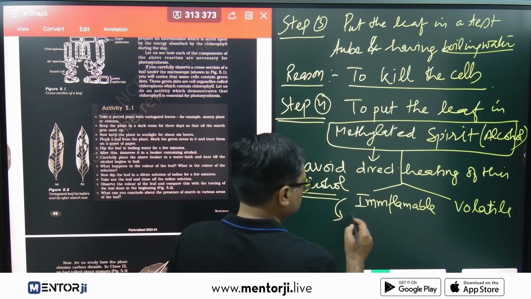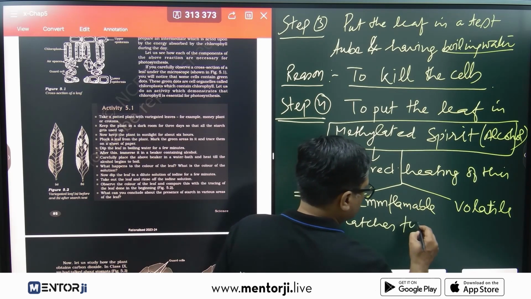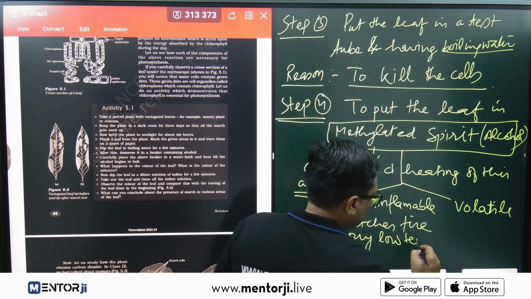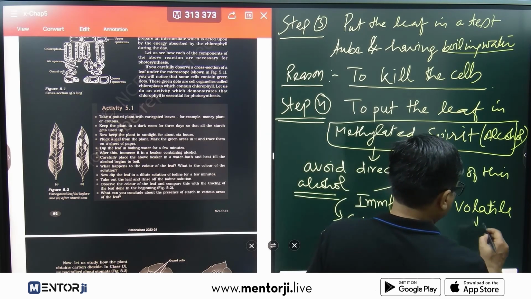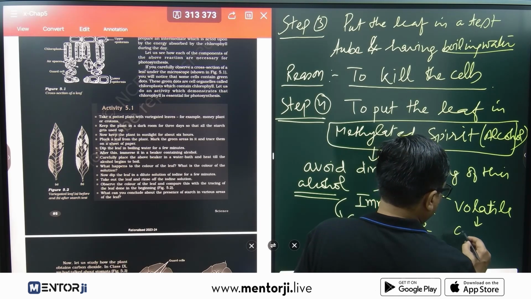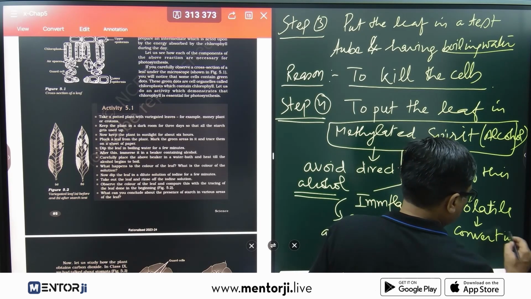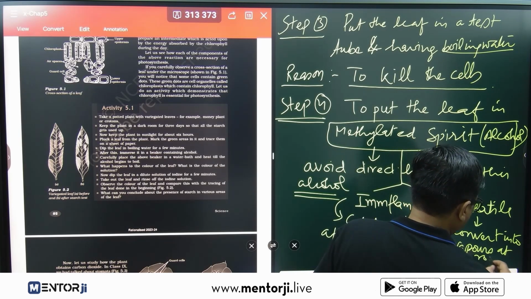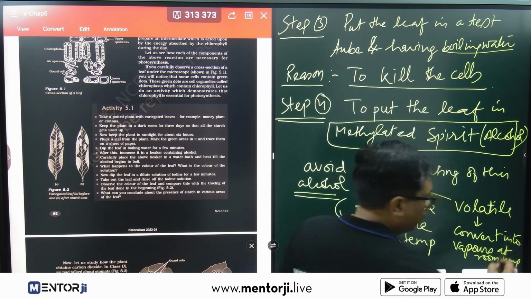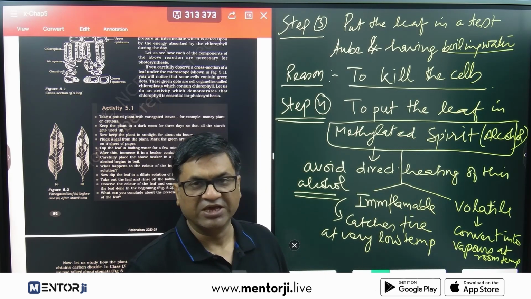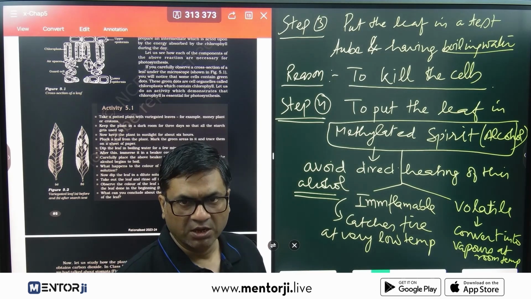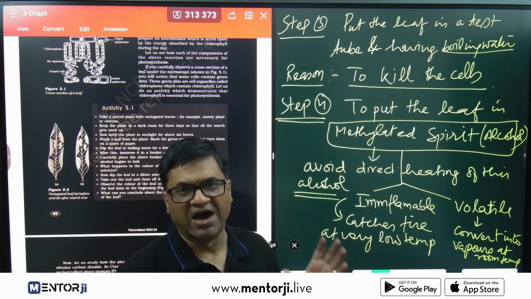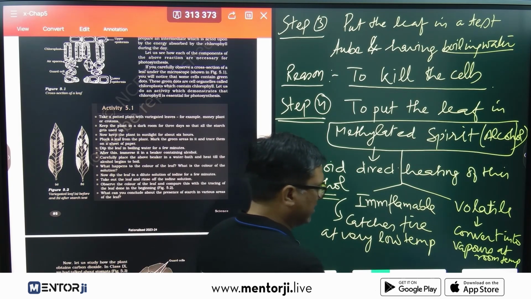Inflammable means it catches fire at very low temperature, and volatile means it converts into vapors at room temperature. So for these two reasons, we have to boil methylated spirit or alcohol in a water bath. That is indirect heating.